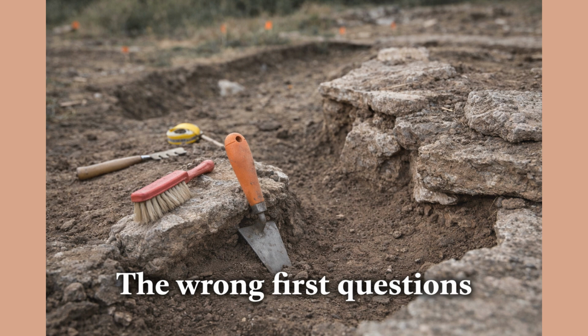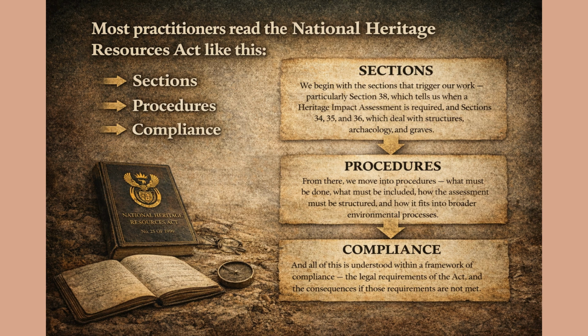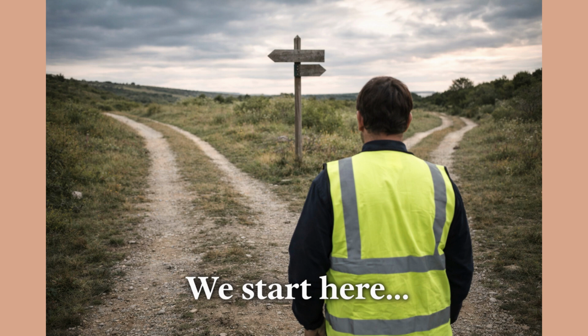Most practitioners read the National Heritage Resources Act as follows: sections, then procedures, then compliance. We begin with the sections that trigger our work, particularly Section 38, which tells us when a heritage impact assessment is required, and we then refer to Sections 34, 35, and 36 primarily, which deal with structures, archaeology, and graves.